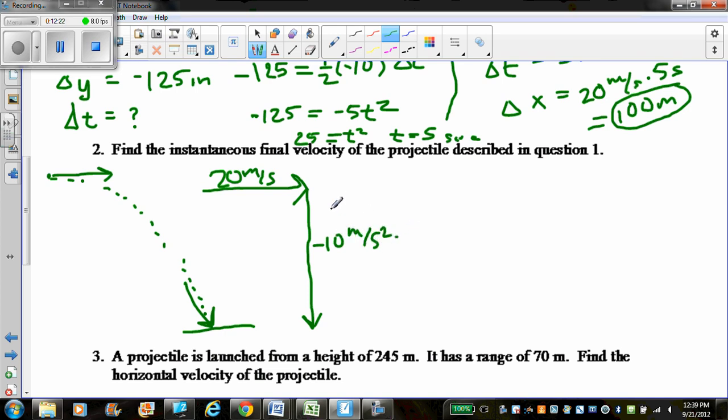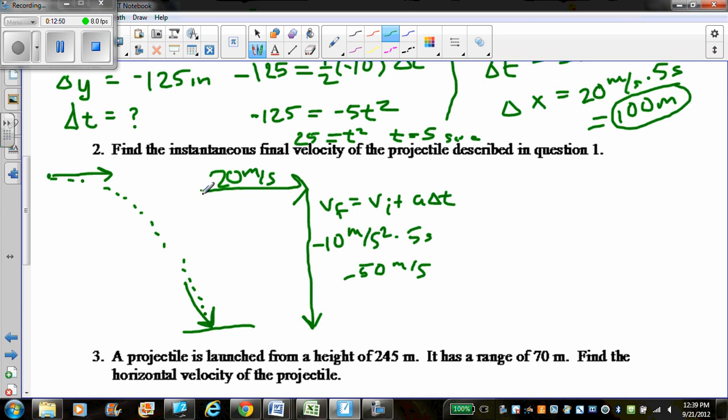If I multiply acceleration times time, in this case, I will get the final vertical velocity. And I can see that the vertical component of the final velocity is -50 meters per second.